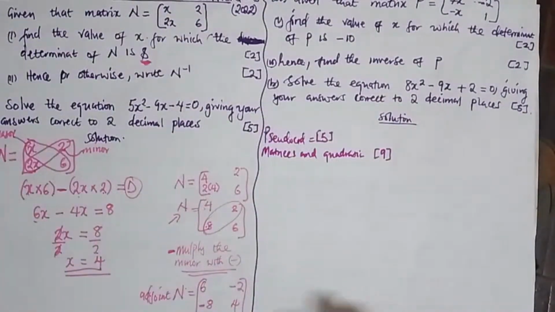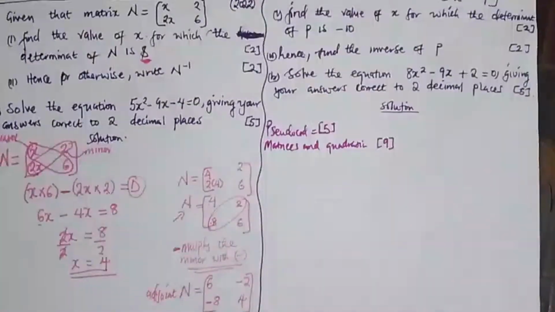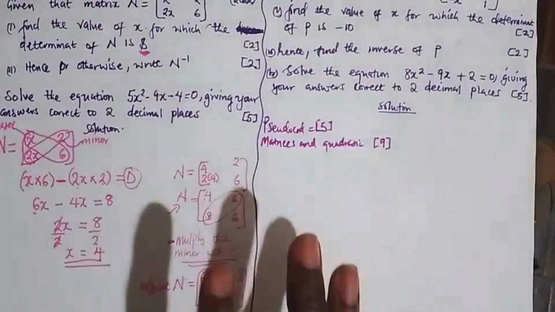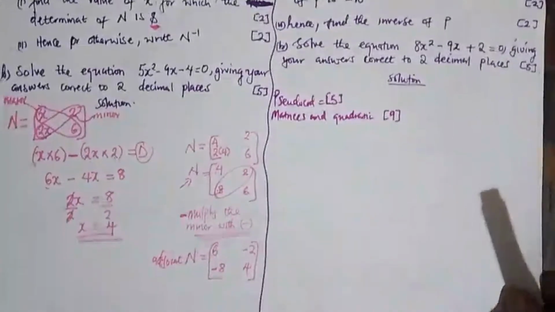So now we can solve the inverse of N. This is how simple matrix is. And remember, here they only bring the inverse and to find the value of x. In some cases, if the paper is easy, they can just bring for you to find the determinant. So now let's solve the inverse.